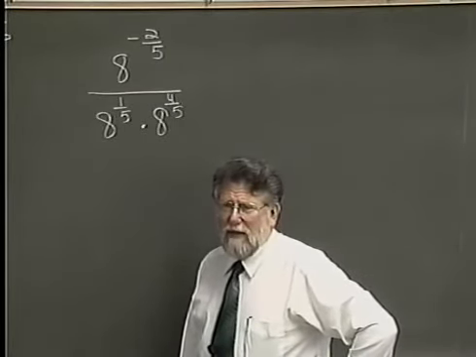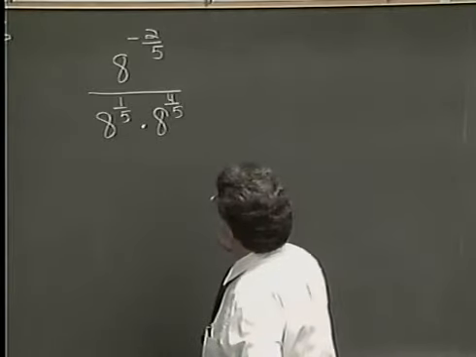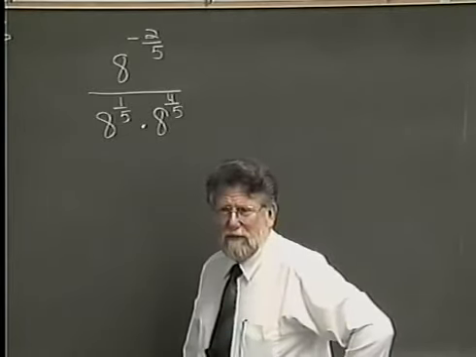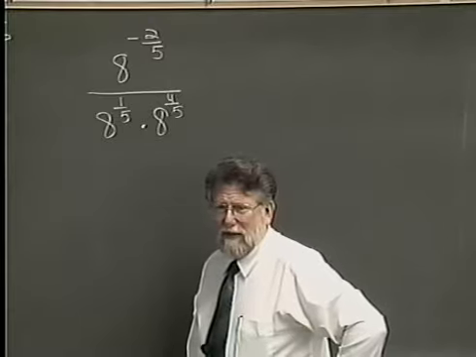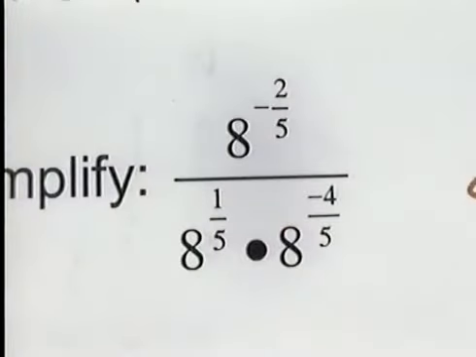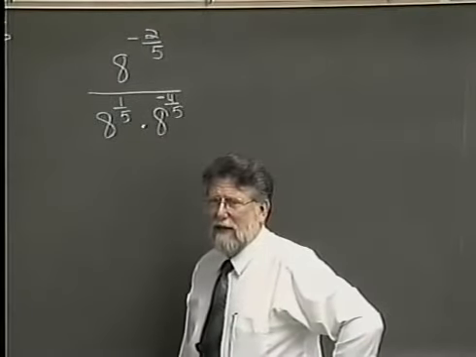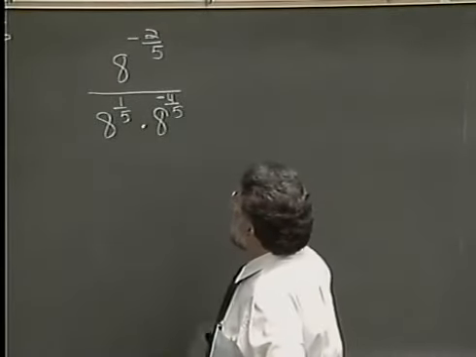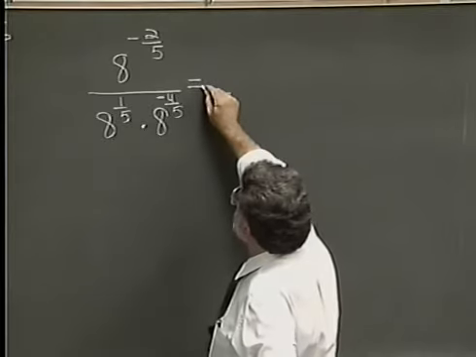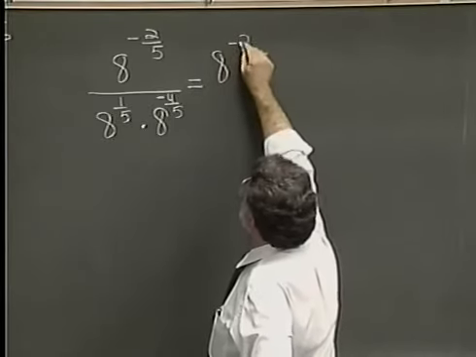So we have 8 to the minus 2/5, 8 to the 1/5, 8 to the 4/5. Yes? Minus 4/5. Thank you, Ernie. Appreciate that. Okay, 8 to the minus 4/5. And I have 8 to the minus 2/5.